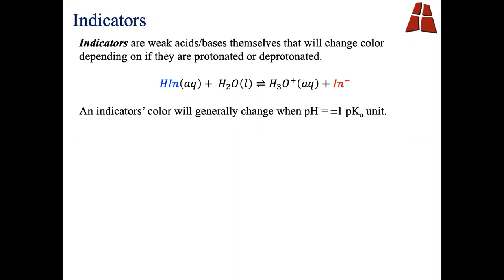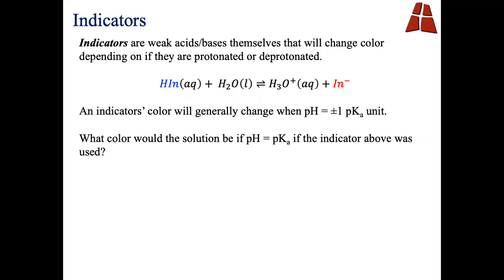An indicator's color will generally change within plus or minus 1 pKa unit. So if the pKa of an indicator was 7.5, we would see a color change from 6.5 to 8.5 or thereabouts, okay?